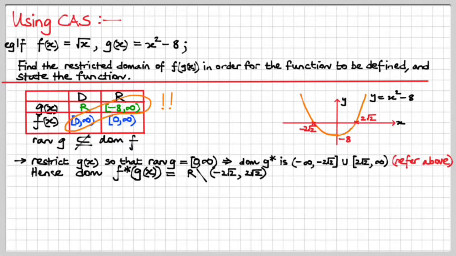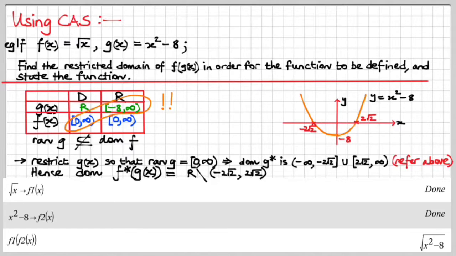So therefore, what we're saying is that the domain of the restricted fog, that's what the restricted means with this little asterisk here, is going to be all real numbers with the exception of the interval from minus 2 root 2 to plus 2 root 2 non-inclusive. That's the bit of the domain which gives rise to negative values of y. We can't have that. Okay, you with me?